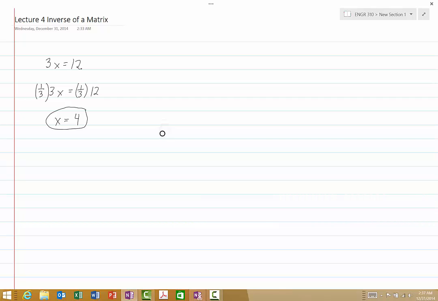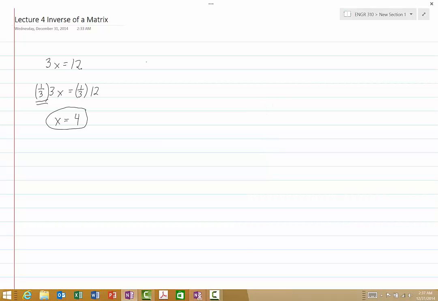Now this number 1/3 here, we chose that because when we multiply the left-hand side by 1/3, we get a coefficient of 1. That number 1/3 is said to be the multiplicative inverse of the number 3, and that's what we will always do.